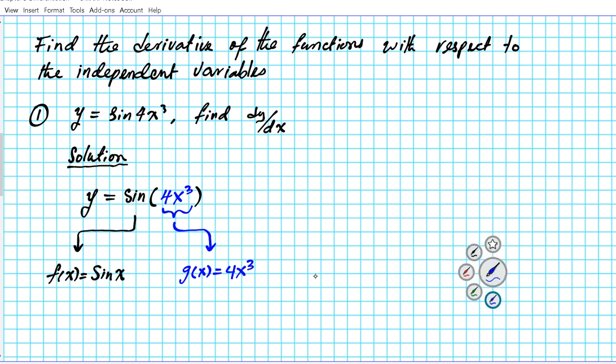Now we decompose and then differentiate, so we're going to differentiate both functions. f prime of x is equal to the derivative of sine, which is cosine x. And then the derivative of g, 4x to the third, using the power rule, is you bring the power down, 3 times 4, 12, x to the, subtract 1 from the power, 12x squared.